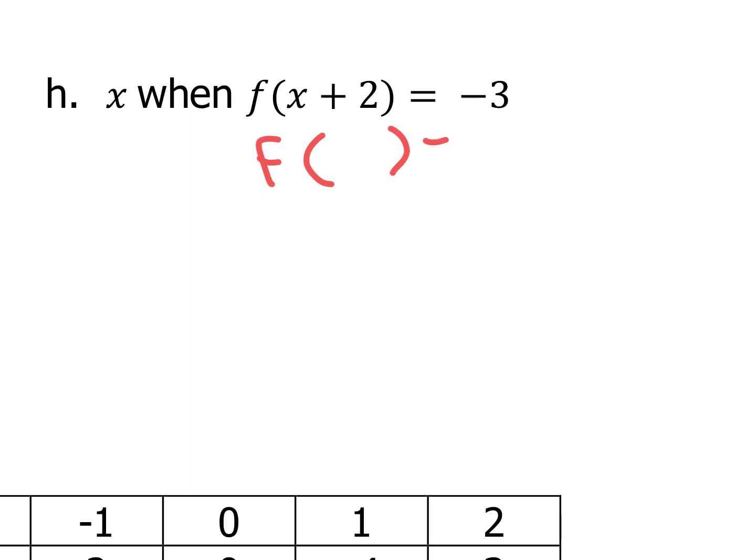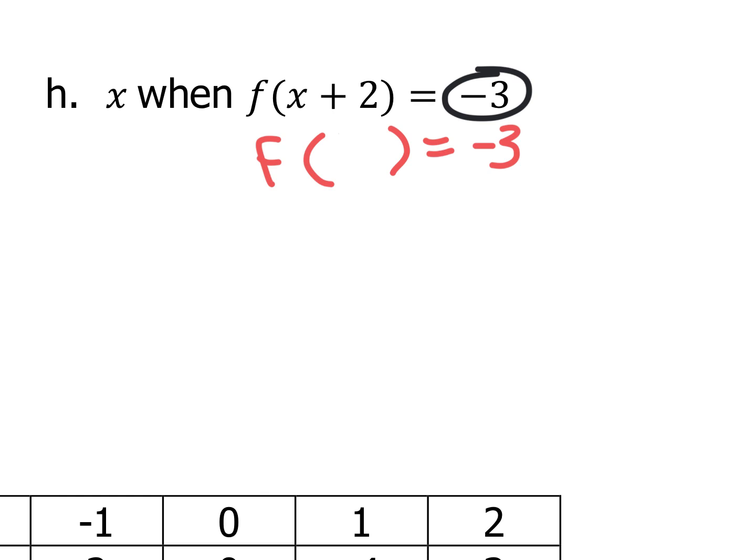I figured out f of what is negative 3. From looking at the chart, I figured out what this must be. f of what is negative 3. So again, have they told me the x? No, they did not tell me the x. They told me the y value. That's where y goes. In fact, they gave me this confusing thing for x. So we have to figure out f of what comes out to negative 3. So the y value is negative 3.